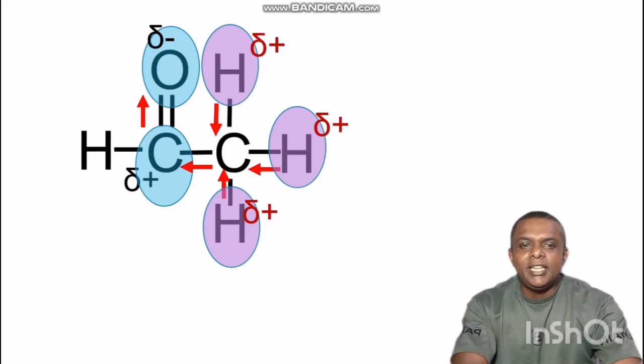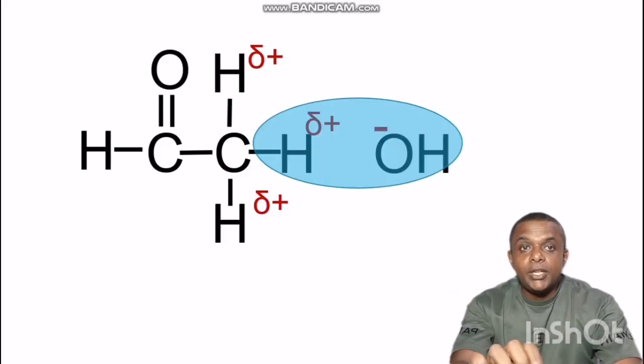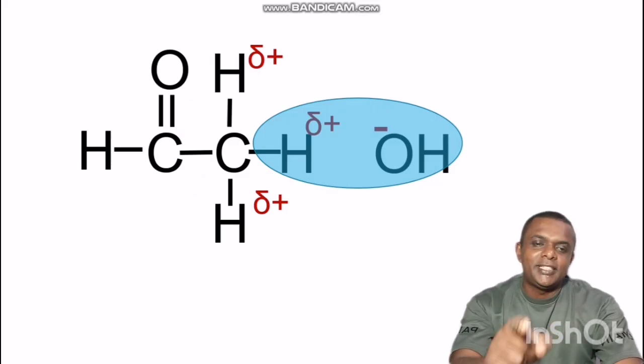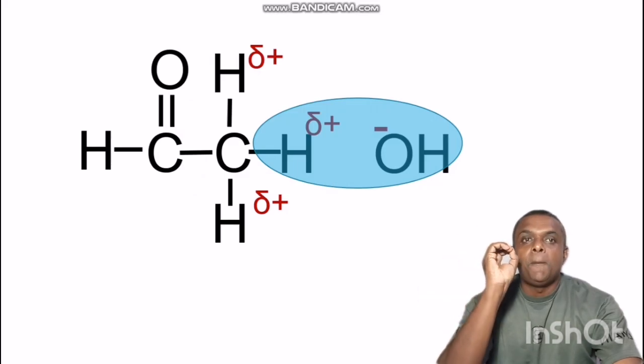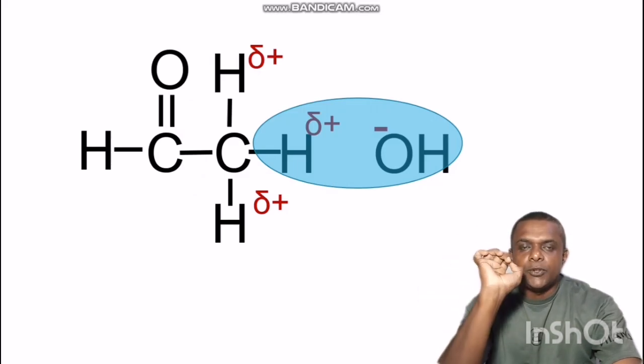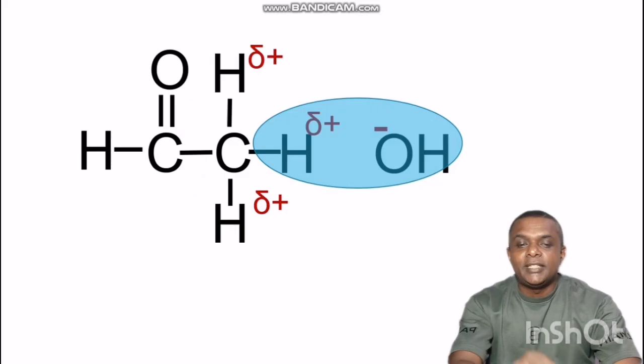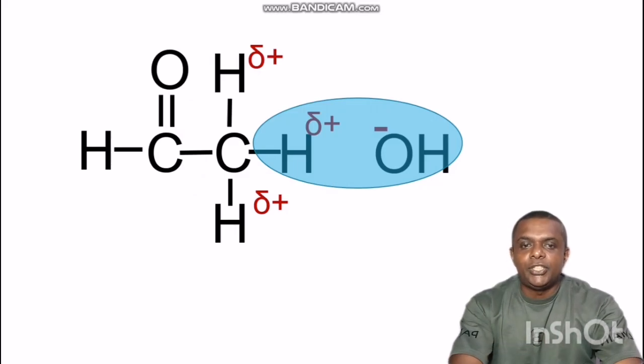These acidic hydrogens can be taken by an OH group. When we add a dilute base like potassium hydroxide or sodium hydroxide, the OH group grabs this hydrogen to make a water molecule.